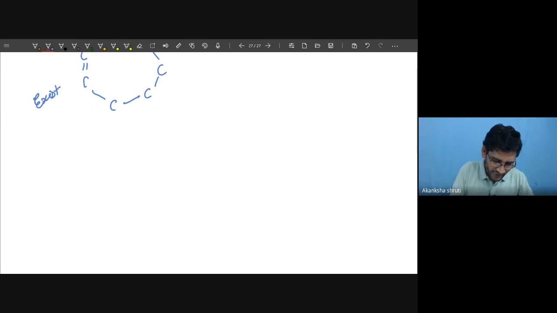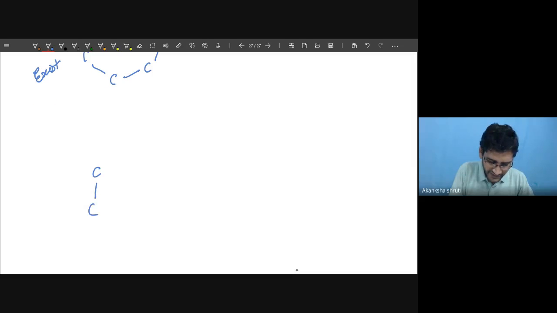Students, one may draw a structure like this, say carbon, another carbon, carbon, carbon, carbon, with this carbon and this carbon. Yes, surely it is possible. Students, you can put the double bond or even a triple bond at any of the places. So considering these 2, I can place the triple bond here.